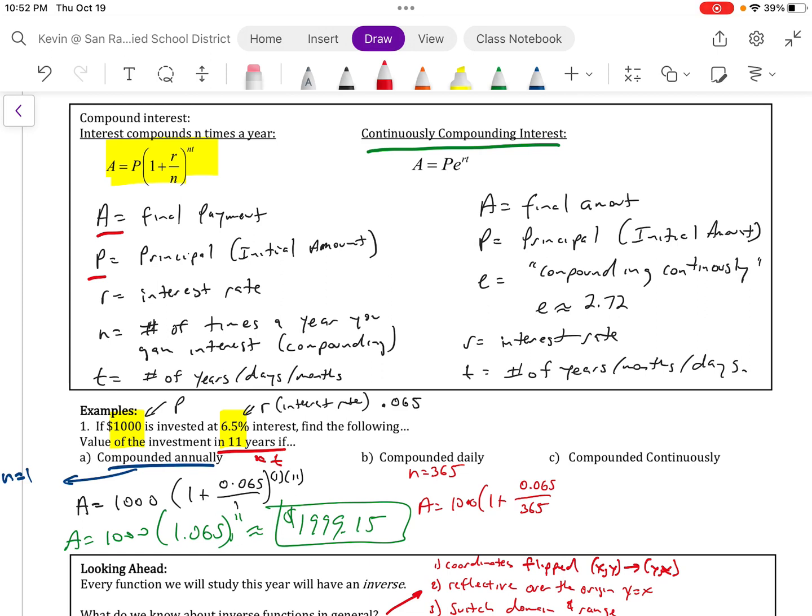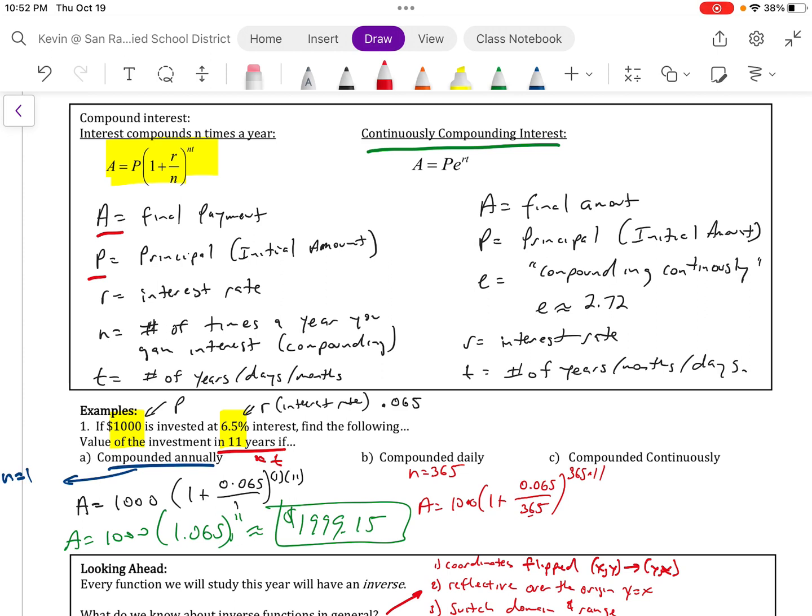Because it's compounded daily, that value for N is the number of times a year they compound it. And then for our exponent, similar to what we had before, instead of 1 year, it's going to be compounding daily, 365 times 11.